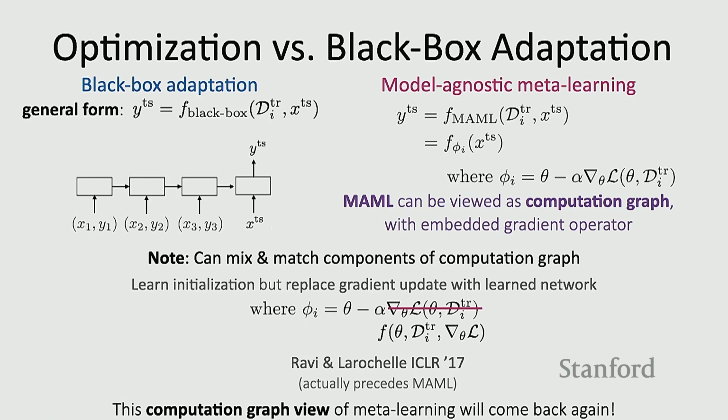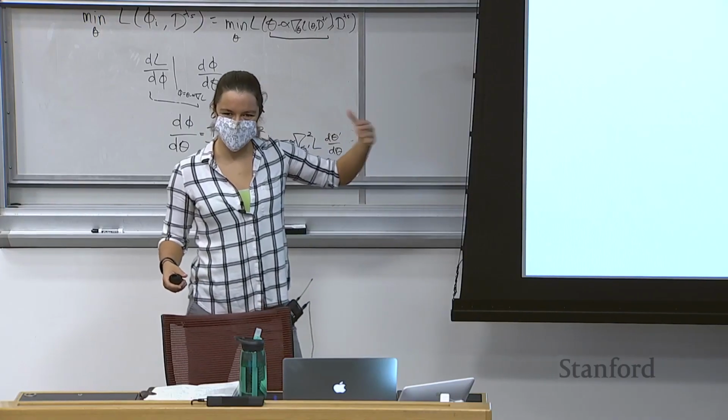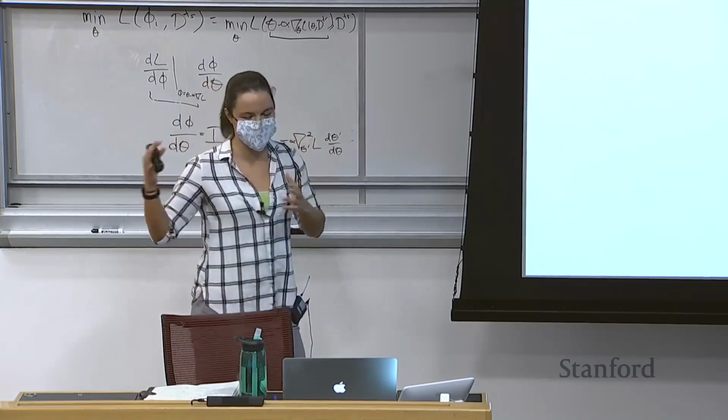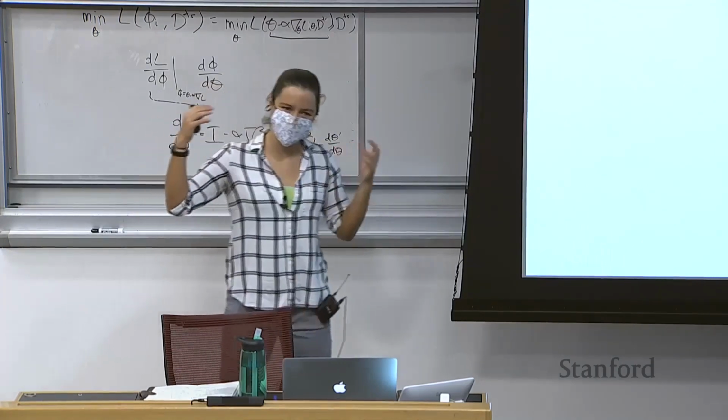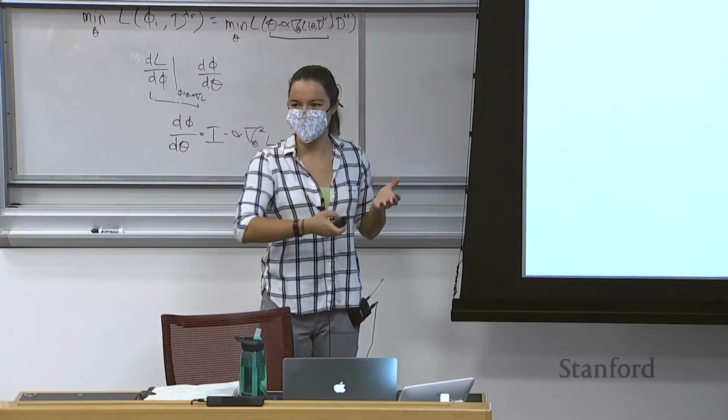Now you might be wondering, when should we use one approach versus the other? One thing that's nice about embedding a gradient step into the optimization procedure is that at test time, you're just running fine-tuning. So regardless of what happens during the meta-training process, you're still running an optimization procedure that should get better at the test task.